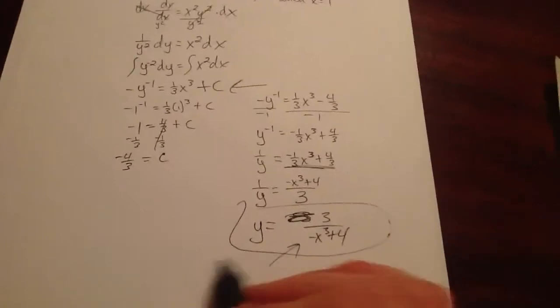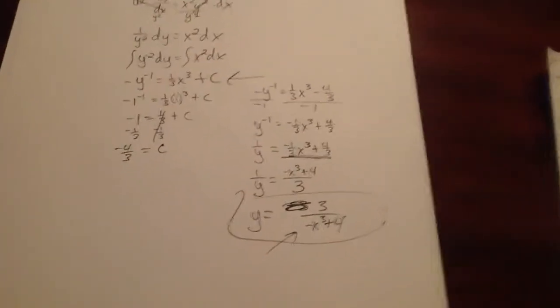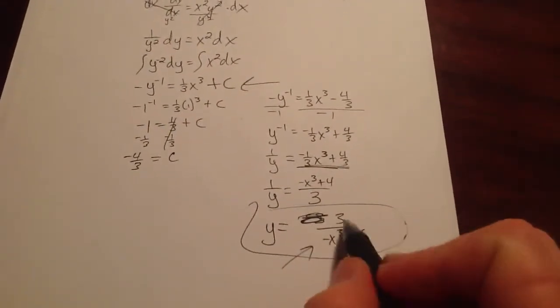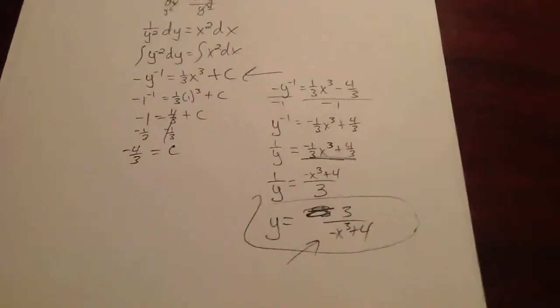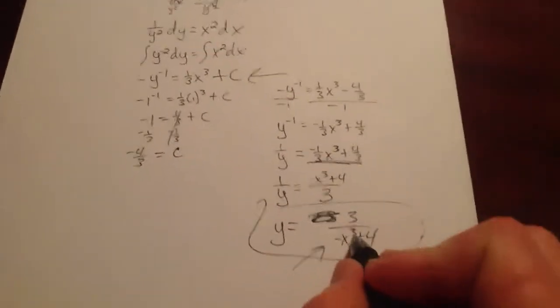If it's continuous for all real numbers, then the domain over which your solution is valid is all real numbers. But the domain of this is not all real numbers because our bottom can't be 0, right?